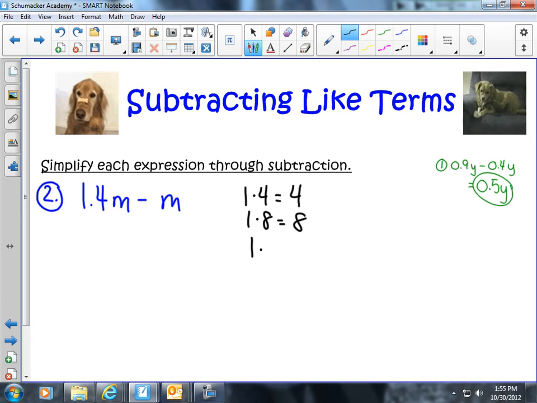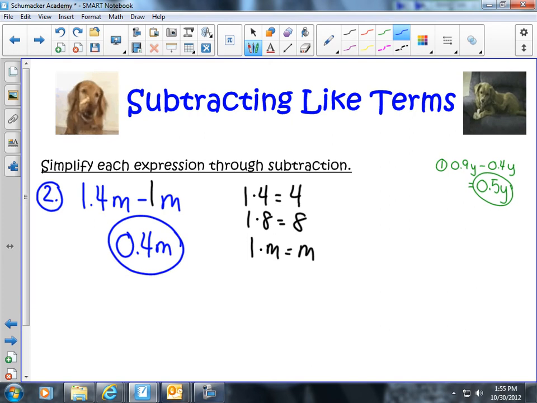If you have 1 times m, that gets you m. So in this case, we really have 1.4m minus 1m. It may be a little easier to think of it that way so you know what you're subtracting. So if we're subtracting 1.4 minus 1, we're left with 0.4, and then it's just m. 0.4m.